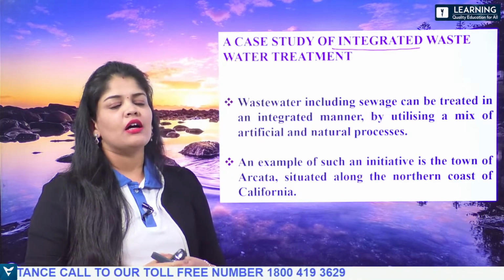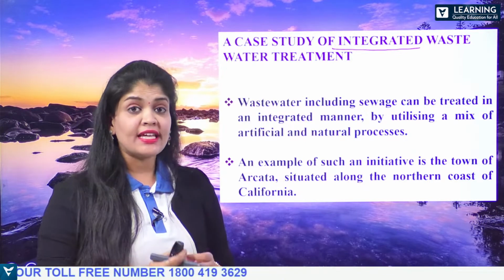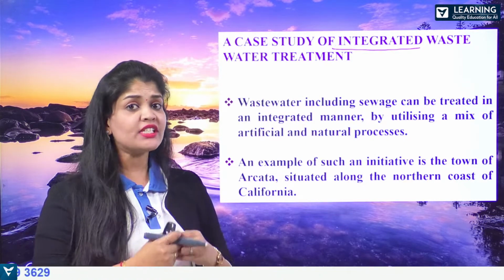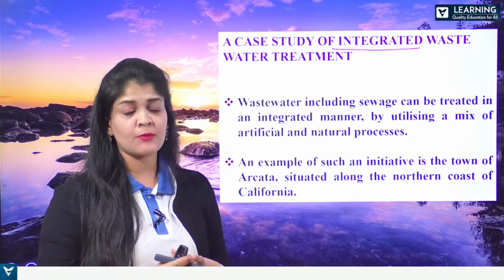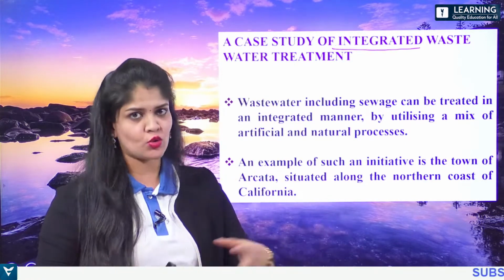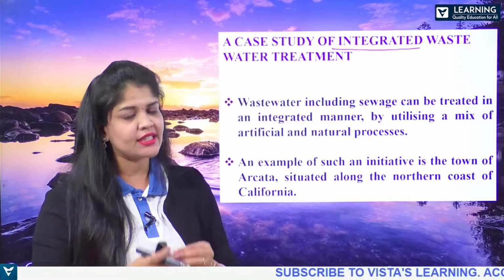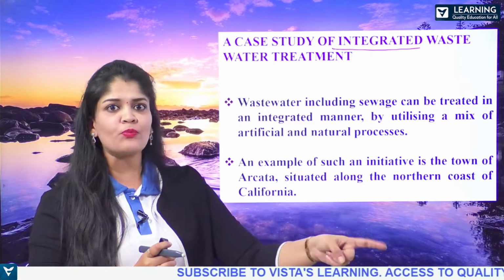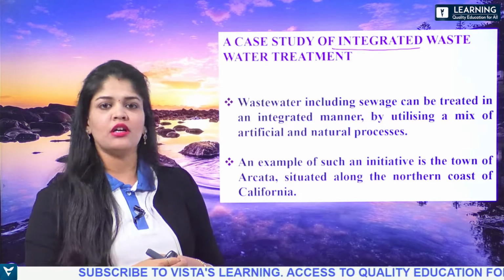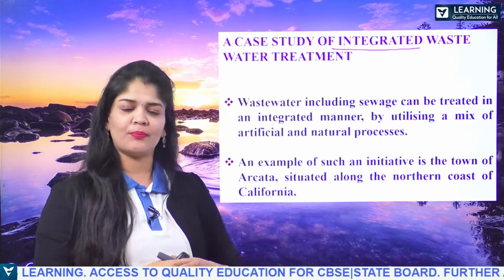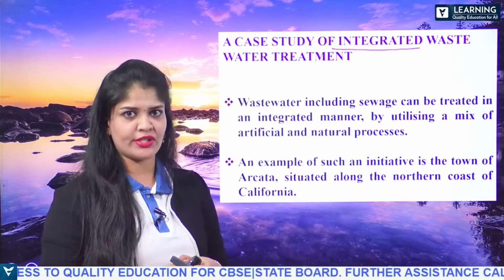To safeguard our natural resources, the wastewater has to be treated first, and only then is it allowed to be disposed into natural resources. Thereby, we can reduce the pollution created.